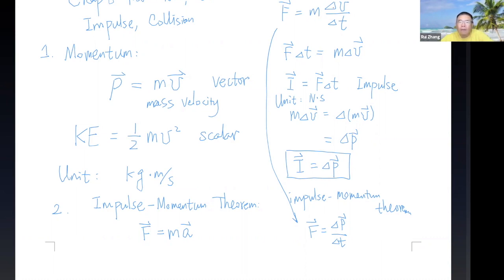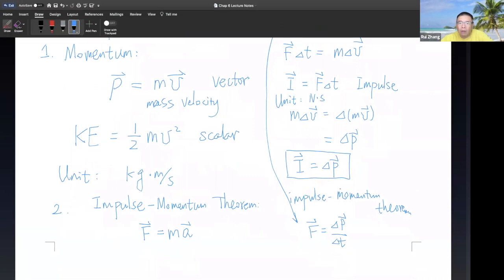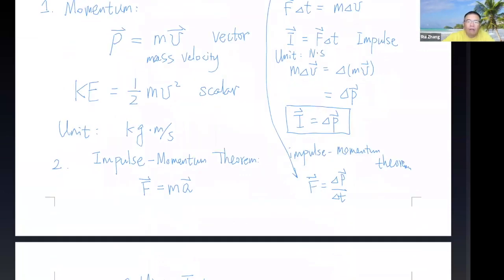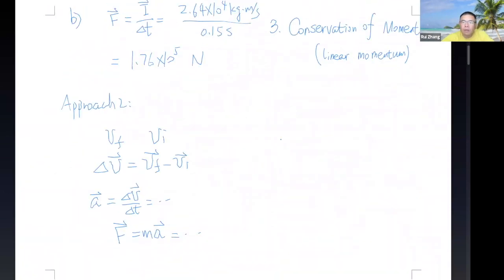So M delta V equals delta MV, which is delta P. So let's start from there. In some sense, this is a different version of Newton's law. You can write your Newton's law using this version instead of F equals MA. Okay, from there, we actually can derive this conservation of momentum.